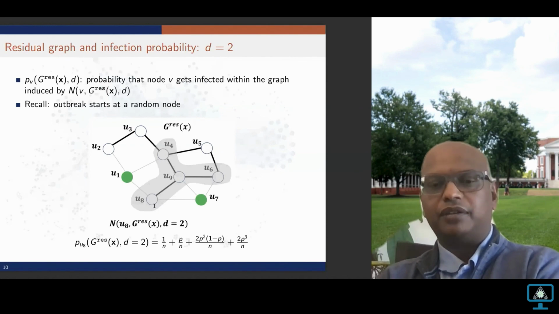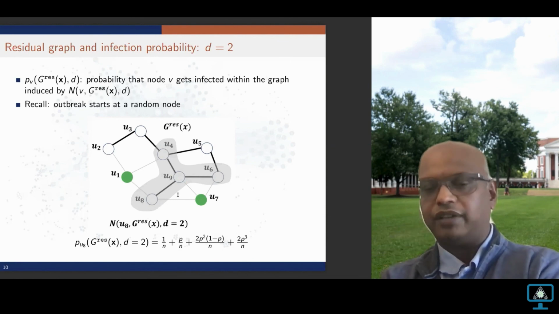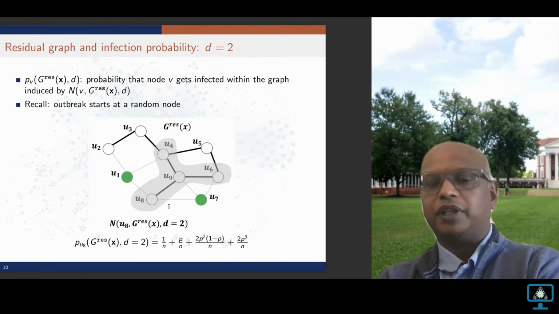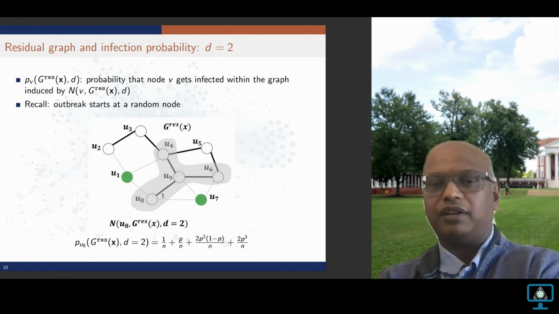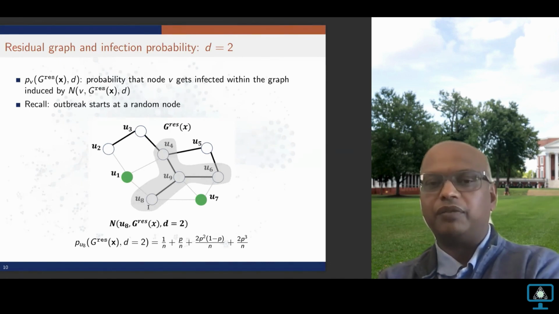If D is 2, this node U8 is assumed to know its 2-neighborhood, and it's going to decide its infection risk restricted to that network. So it knows who is vaccinated in that neighborhood. And if a source is chosen randomly in that neighborhood, we can then write down a probability of infection for this node.